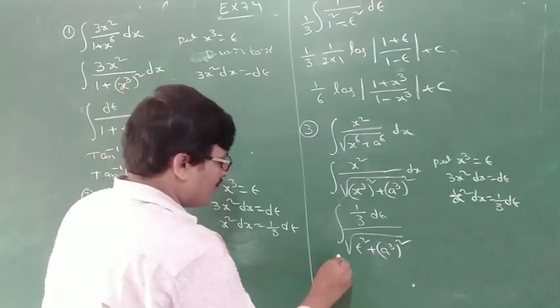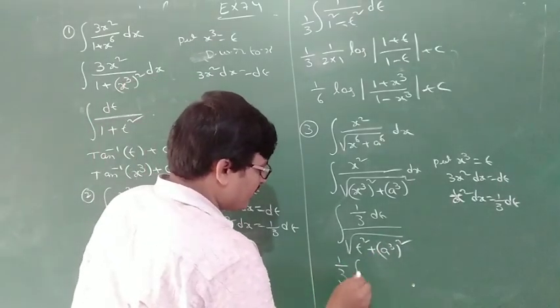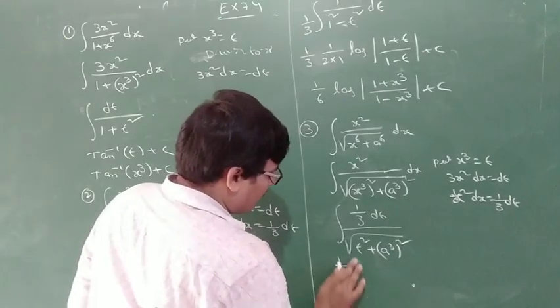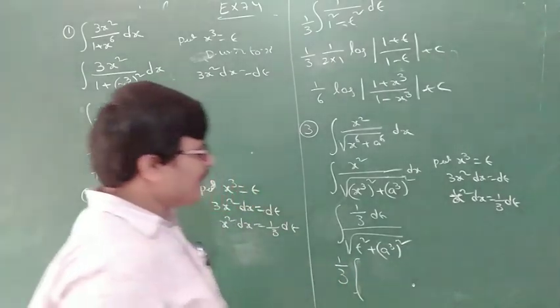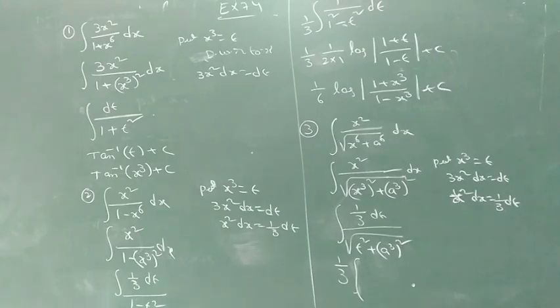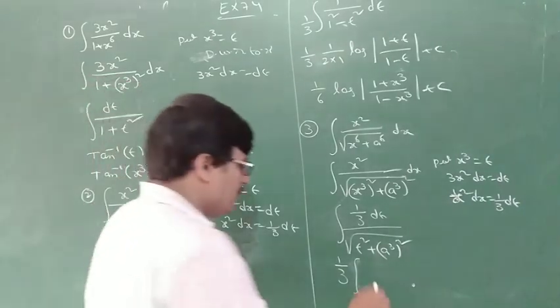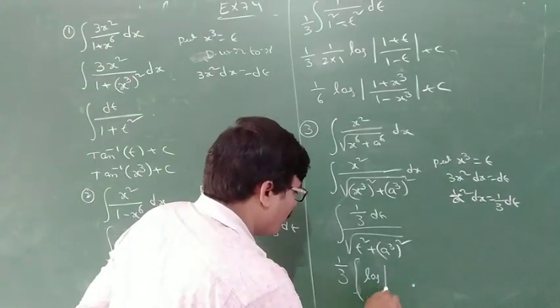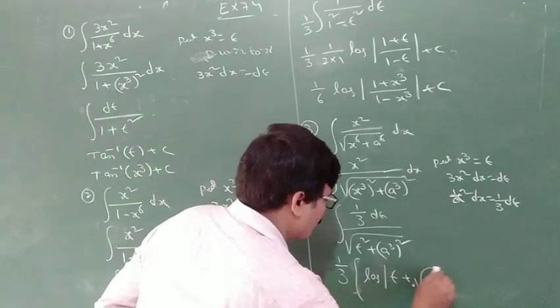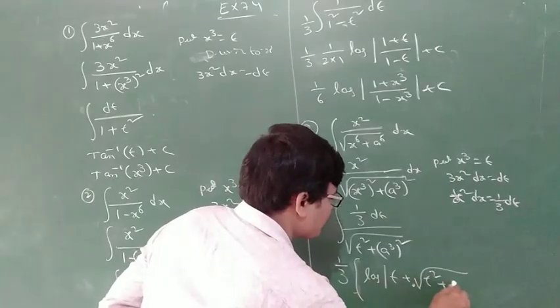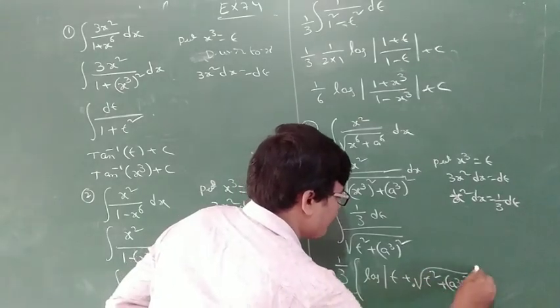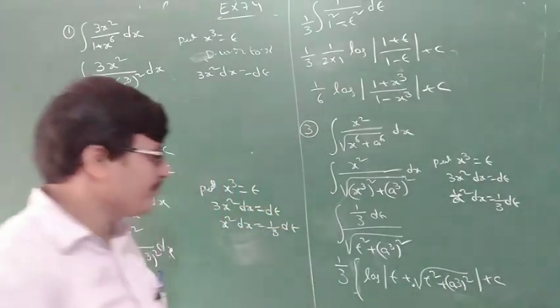What is the formula? 1 by 3 into the integral of 1 by root of x square plus a square. The formula is log mod x plus root of x square plus a square plus c.